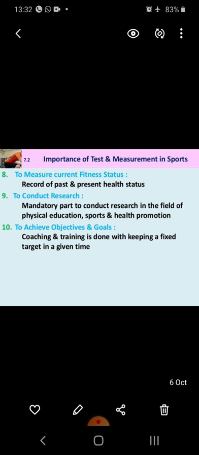To achieve objectives and goals, coaching and training is done keeping a fixed target in a given time. So it is also helpful in achieving objectives and goals. I will run 10 kilometers. Now my aim, after 2 months, is to run at least 15 kilometers.